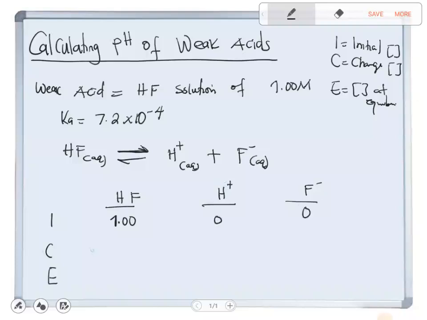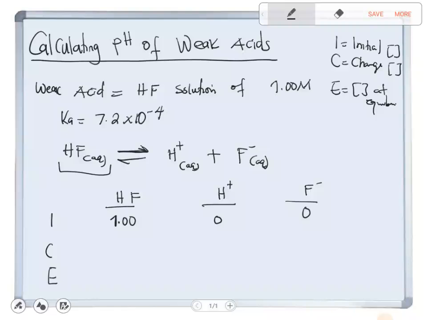What's the change in concentration? Now look, the reactants, as long as they are forming product, their concentration will always decrease. And because the products are being formed from nothing, their concentration will always increase. So a decrease, we use negative, and increase, we use positive.